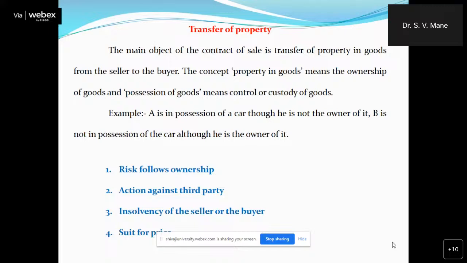In case of insolvency of either the seller or the buyer, the official receiver or assignee can take over the goods or not, depending on whether the property in the goods has passed from the seller to the buyer or not. Then, suit for price. The seller can sue for the price only if the goods have become the property of the buyer. So these kinds of reasons are also given in the discussion.